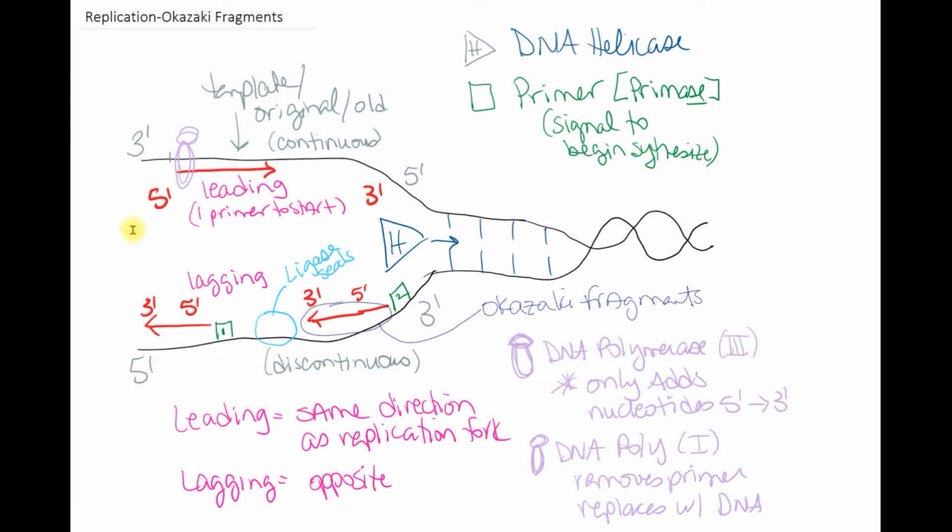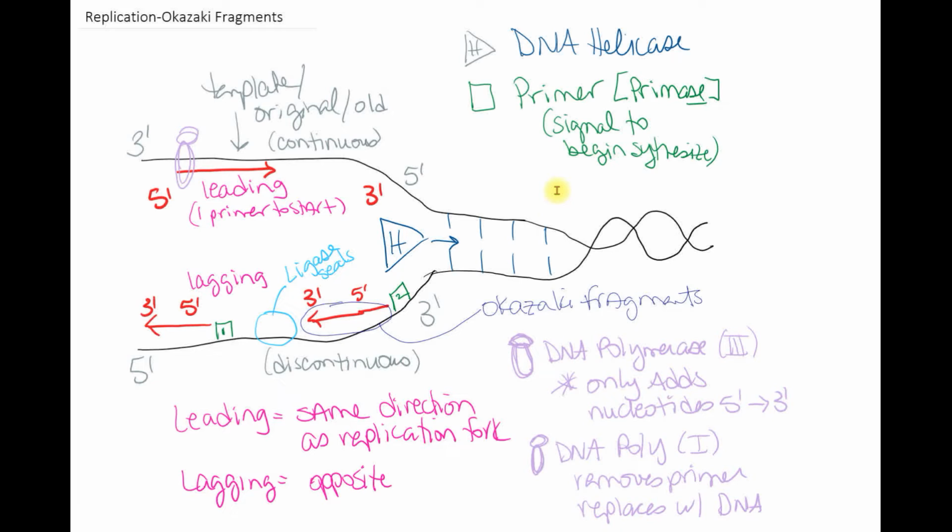And they call that the leading strand. So the leading strand will always build in the same direction that the replication fork is unzipping. So it's always going toward the fork. And the thing about this one is that it only has to lay down one primer to start building, and then it just keeps going.